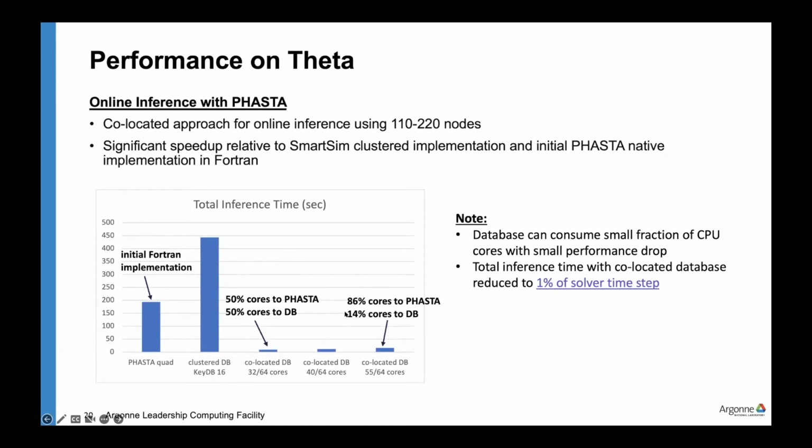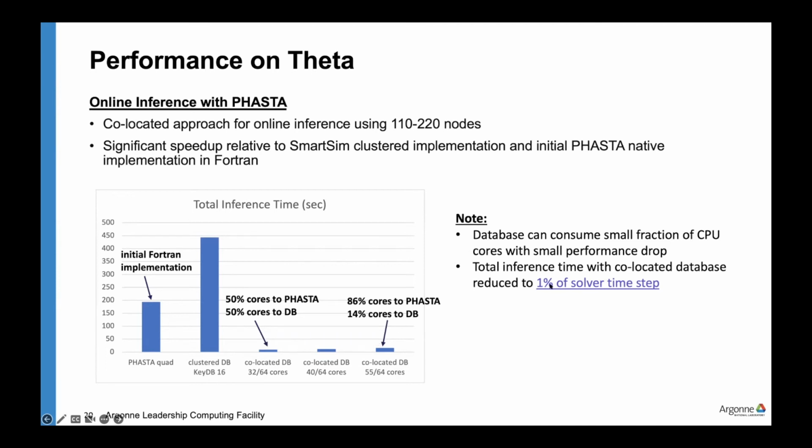I wanted to finish with this slide, which compares the overhead of this communication with how long it takes to perform a time step in our CFD solver. That gives us a measure of the data transfer time overhead relative to the problem we're trying to solve.